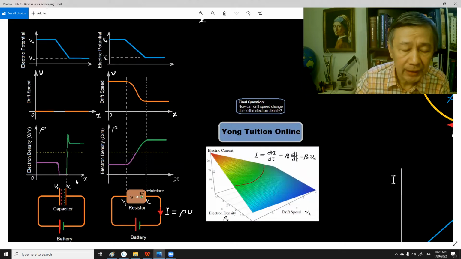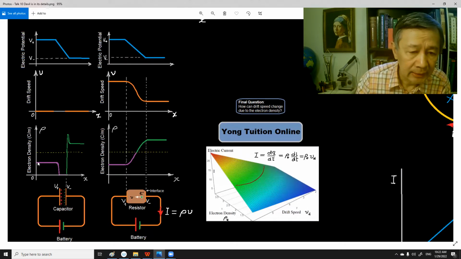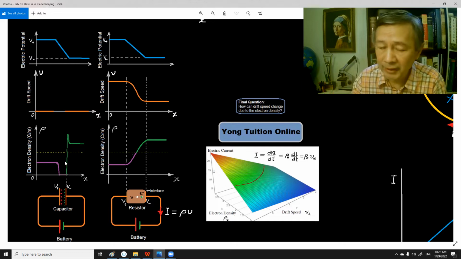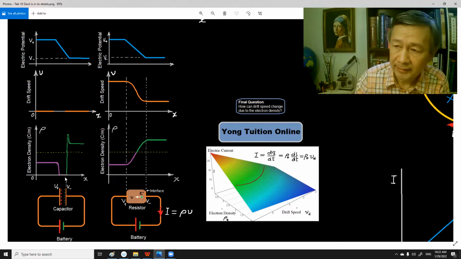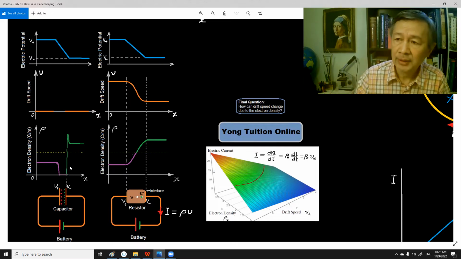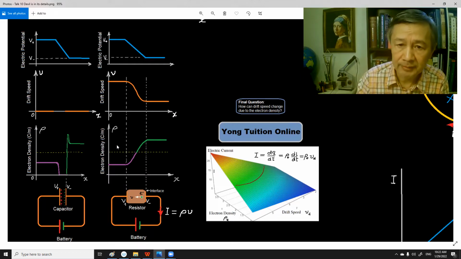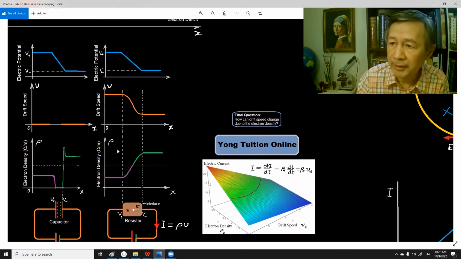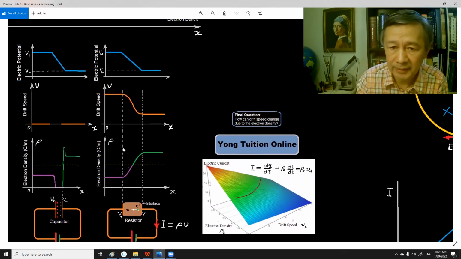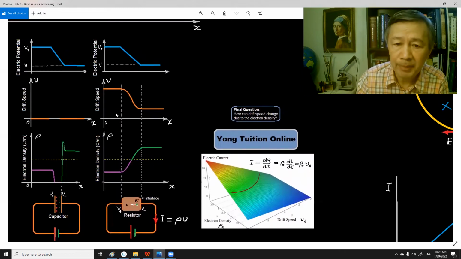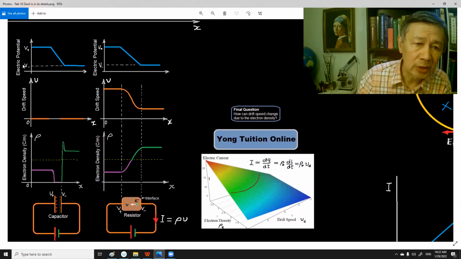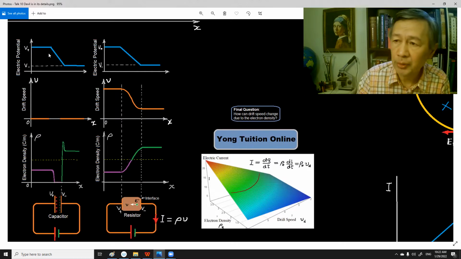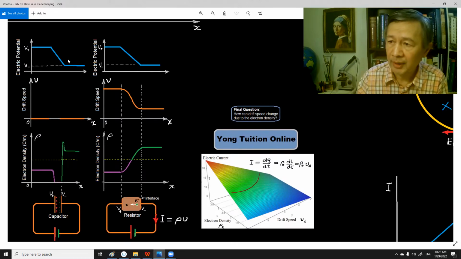So from here, you can see that the density of electrons has different distribution in the capacitor from the resistor.